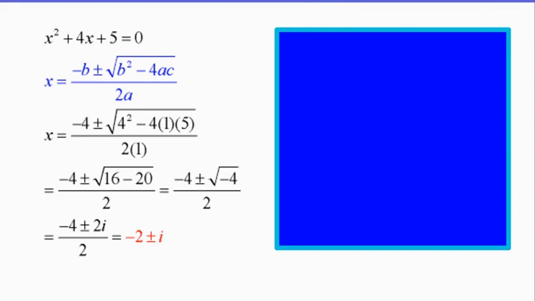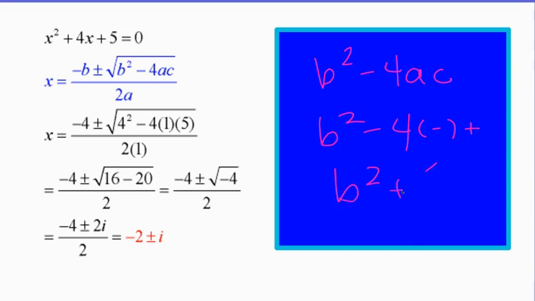And then my last word of warning is to be careful with the b squared minus 4ac. Because if you ever have, and I'm just going to write it here using my finger because my pen stopped, if A or C is negative and you have something like this, negative times negative is a plus.